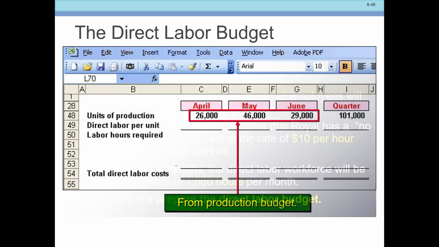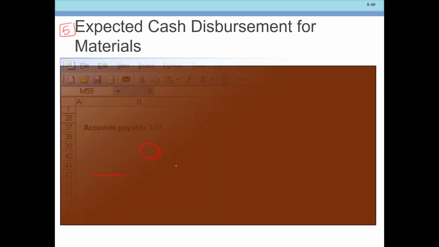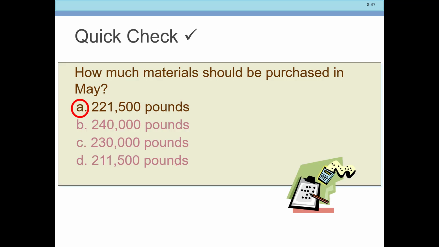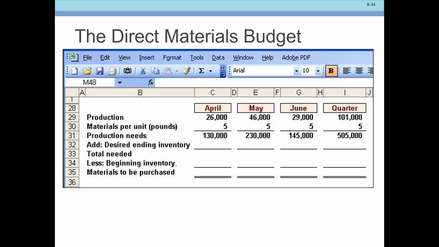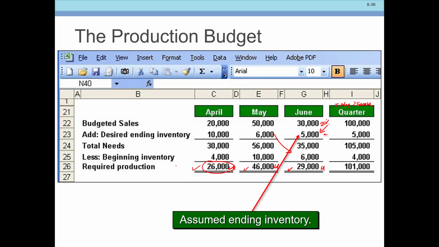From the production budget. If you refer back to part 1 of the videos of the chapter, you will find that the production budget told us that we have to produce 26,000, 46,000, 29,000.